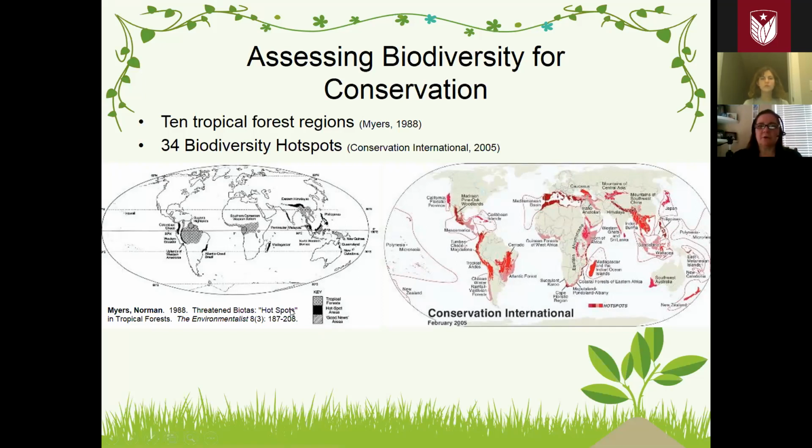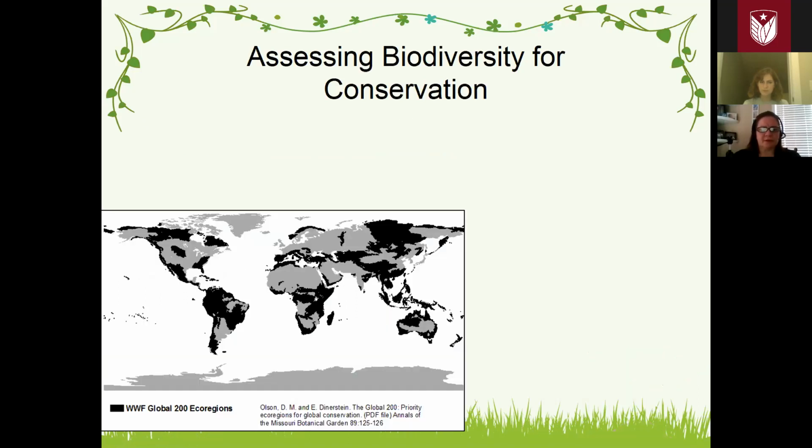You might have heard the term biodiversity hotspot, and he coined it to talk about tropical forest regions that are high in diversity. Conservation International continues to do this, and I think they have 34 or so now. The World Wildlife Fund has another set of characteristics that they use to define biodiversity.